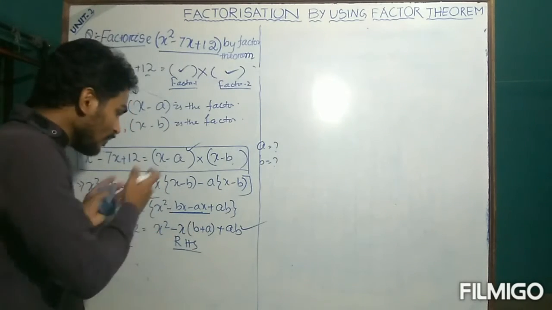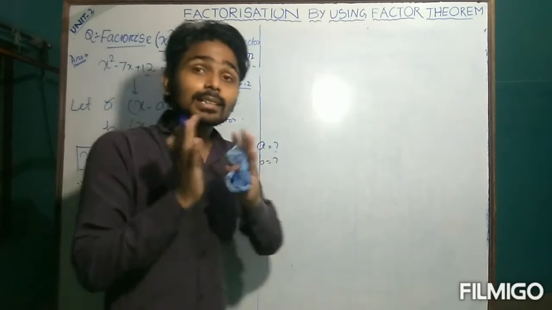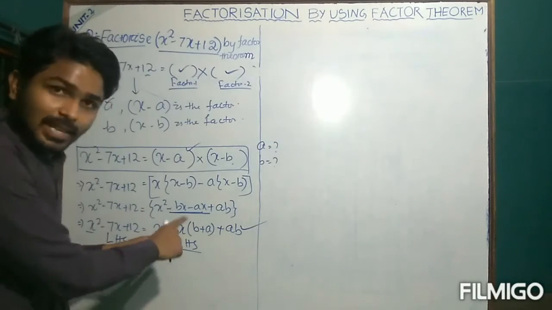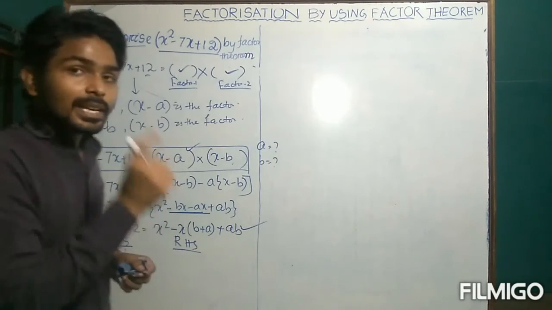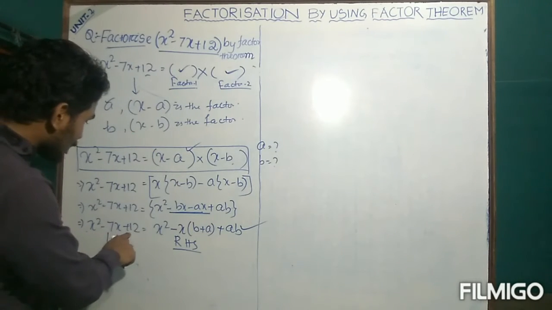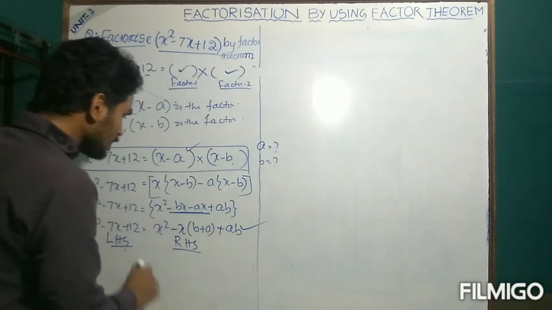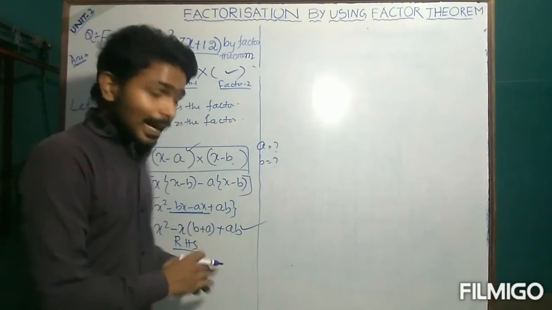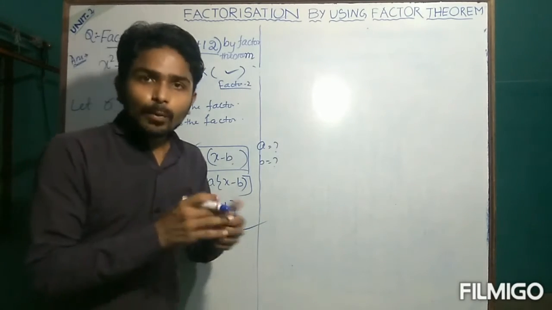We know that if LHS and RHS are equal, then their terms must be equal. Since x square minus 7x plus 12 has three terms, and x square minus x into b plus a plus ab also has three terms, these terms will be equal.